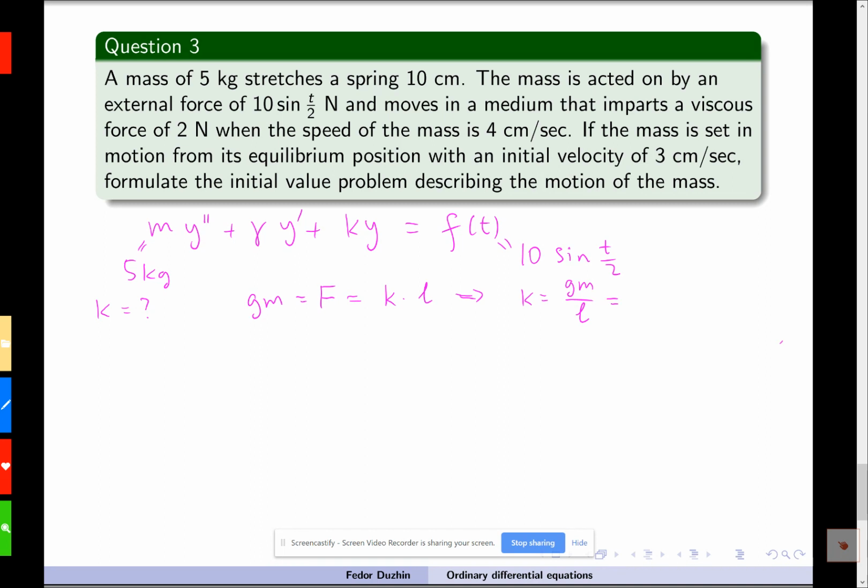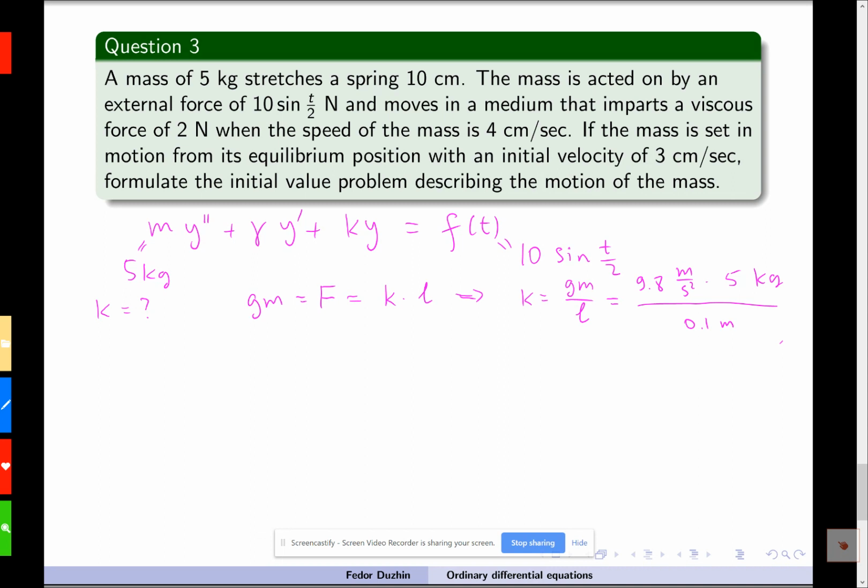Now, let us find k. k is g m over L. g is the acceleration due to gravity, 9.8 meters per second squared, times m, the mass, 5 kg, divided by L, and L is 10 centimeters. We should convert everything to the same units. Usually the units are meters, so 10 centimeters is 0.1 meter.